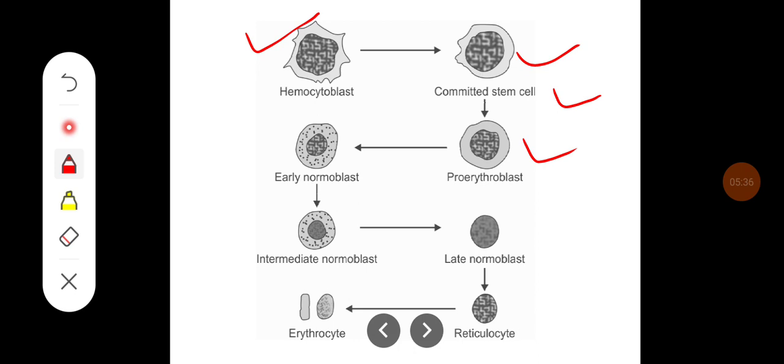And pre-erythroblast gets converted into early normoblast, intermediate normoblast, late normoblast, where the active mitosis will happen till the stage of intermediate normoblast, and hemoglobin starts appearing in the stage of intermediate normoblast. And gradually the size of the cell is going to reduce till it becomes reticulocyte and erythrocyte.